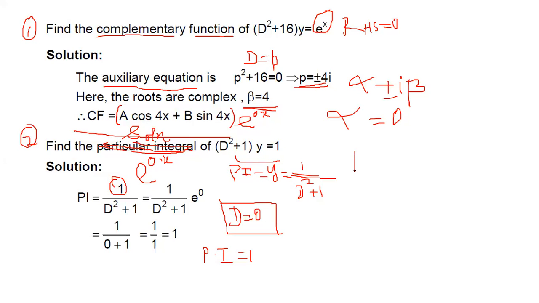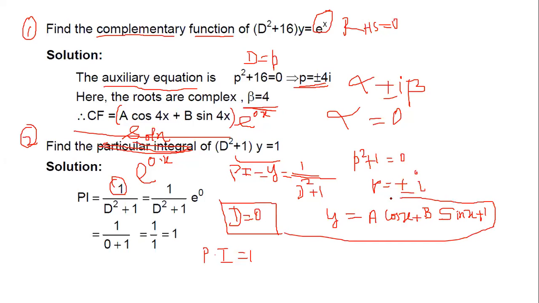You have to substitute D equal to p, then p square plus 1 equal to 0, then p equal to plus or minus i. So the solution, the complete integral, is y equal to a cos x plus b sin x plus 1. It is the complete integral.